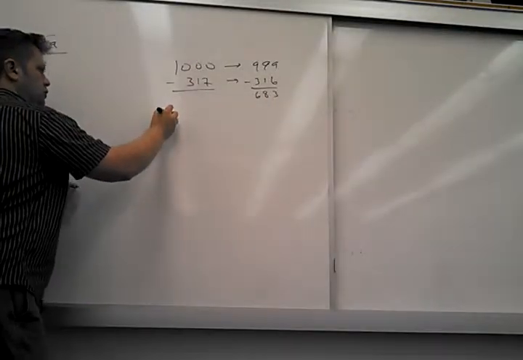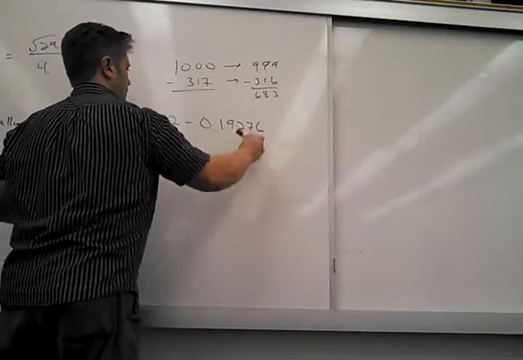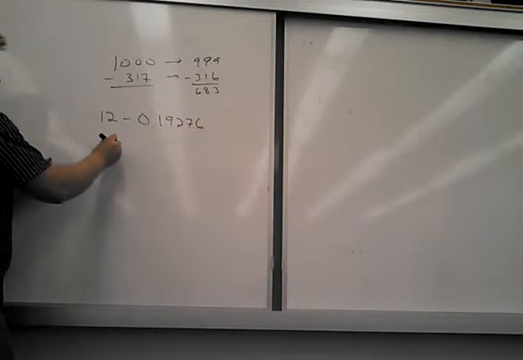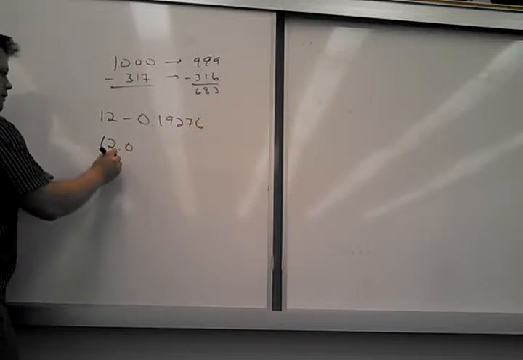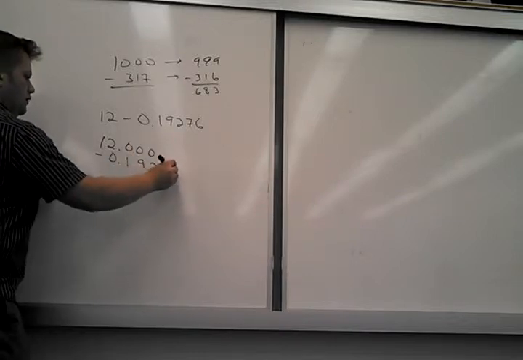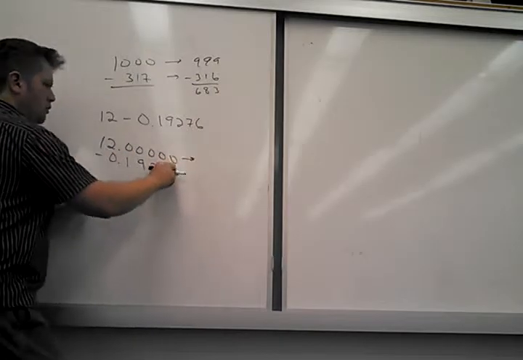So the same, if I had to do 12 minus 0.19276, you guys realize how much that would suck? You have to put the minus 0.19276. I mean, that's a lot of freaking borrowing. Whereas what's one number down from this?